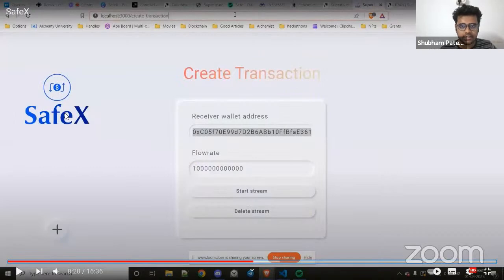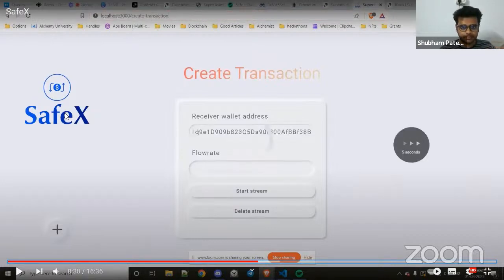Then I can create a money stream to this safe. From an employer's view, you can come here and start a money stream of this flow rate to this safe address.